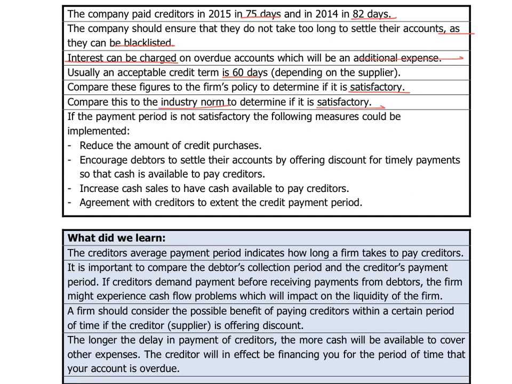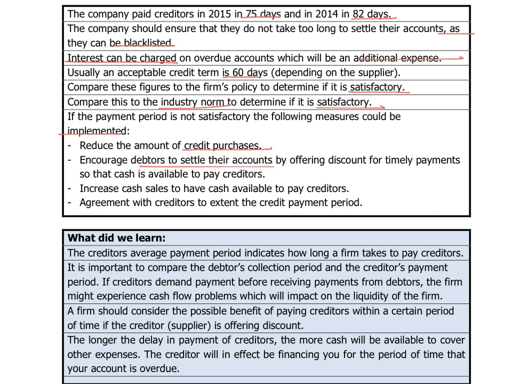If the payment period is not satisfactory, measures should be taken to improve this situation. So the following measures could be implemented. Reduce the amount of credit purchases so that you don't have to pay so many creditors in the future. Try and buy for cash and don't buy unnecessary inventory.